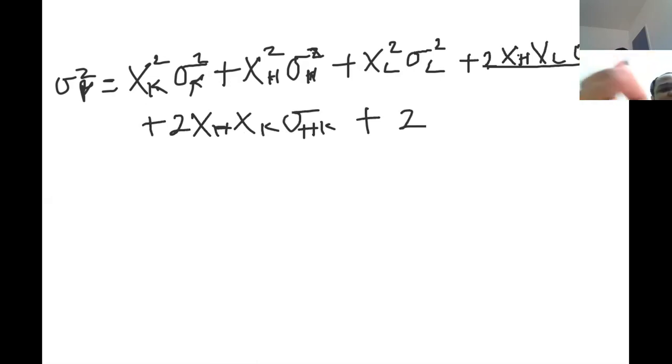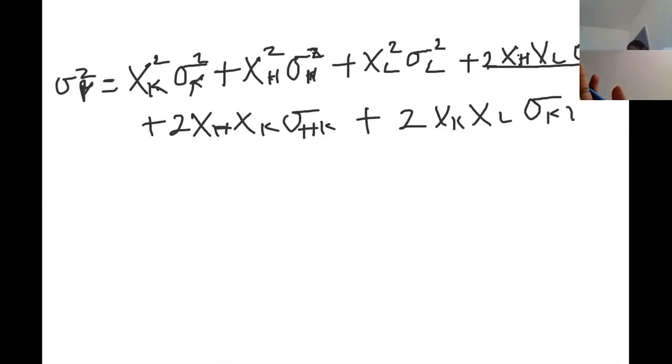So it's left with L. I have HL. I have HK. It's left with what? It's left with KL. So plus 2 X_K X_L multiplied by the covariance between K and L. So this is the formula for the variance.